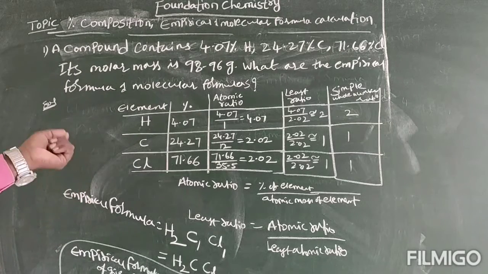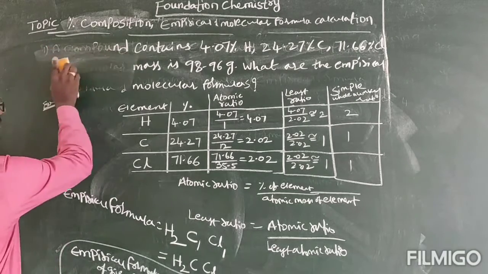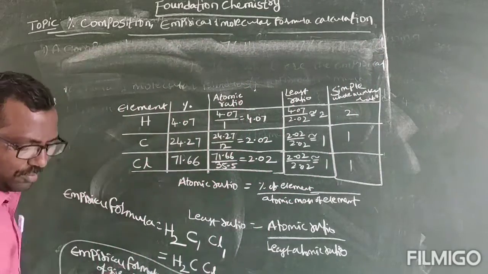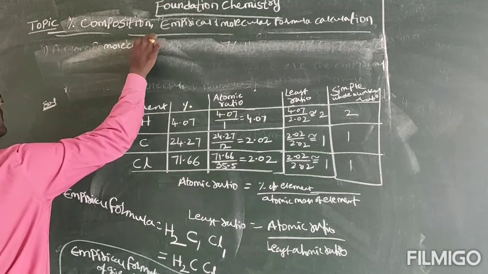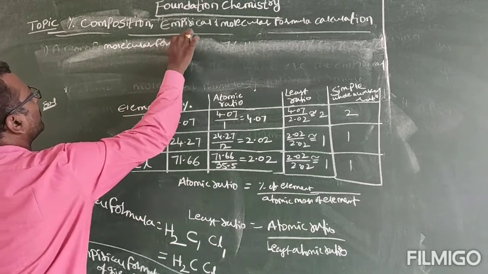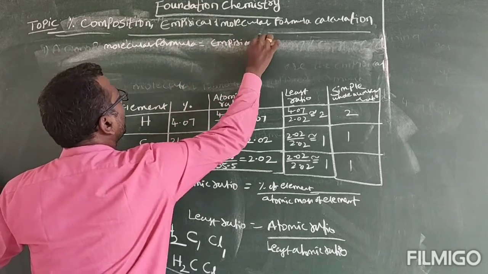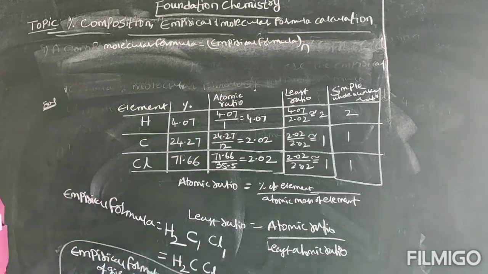Okay. Now, how to calculate molecular formula? How to calculate the molecular formula, that we will see. We all know that molecular formula is given by what? Molecular formula equal to empirical formula taken N. But I don't know N now.